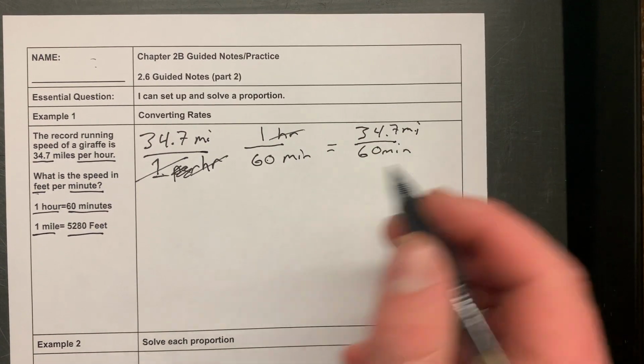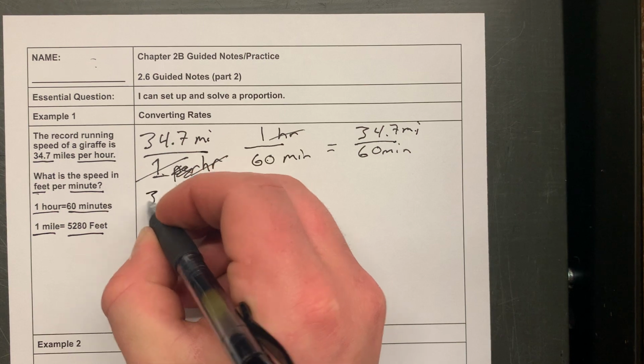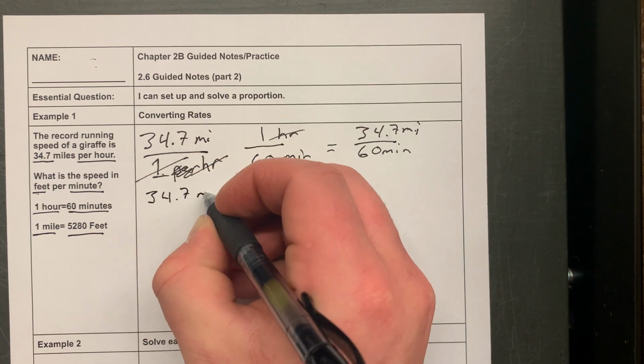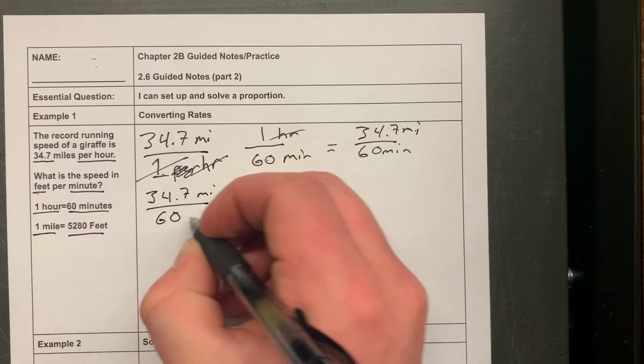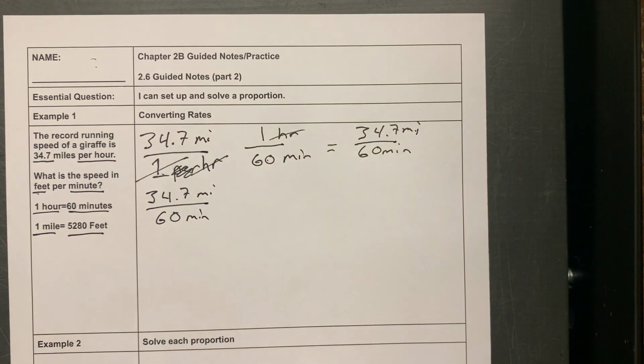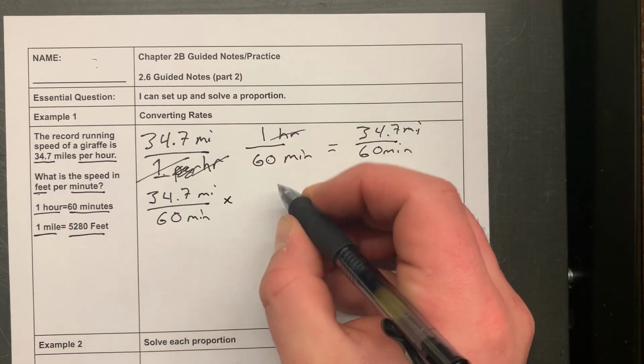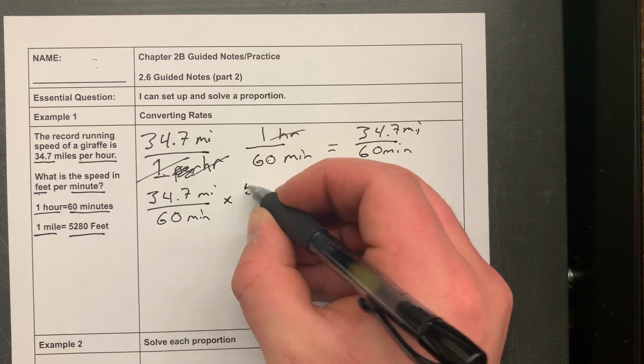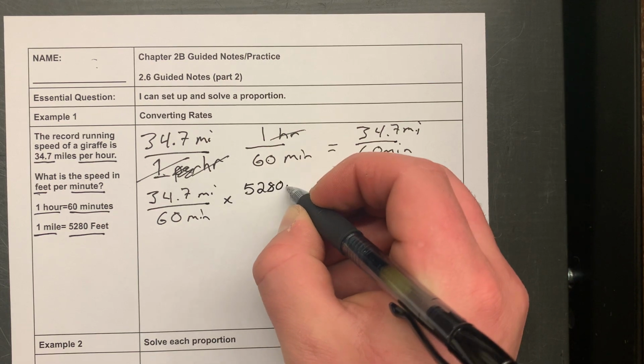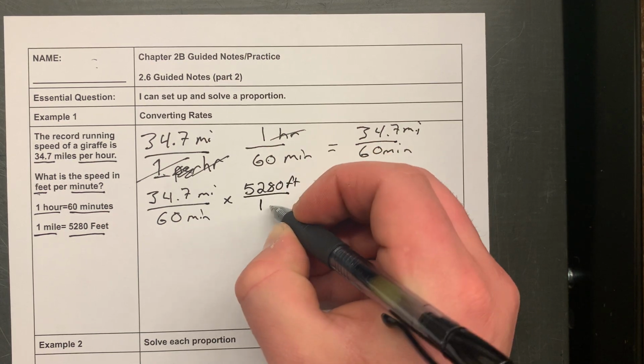Now I need to change my miles into being feet. I'm going to do this by multiplying by 5,280 feet per 1 mile.